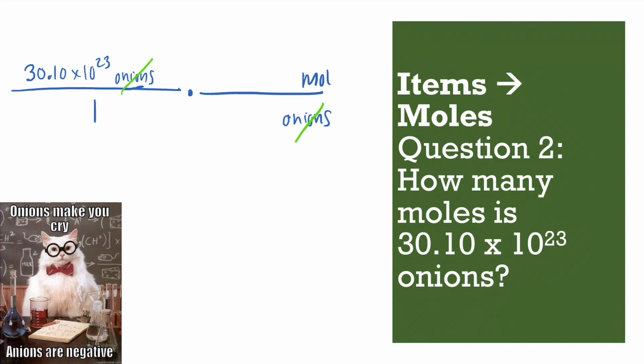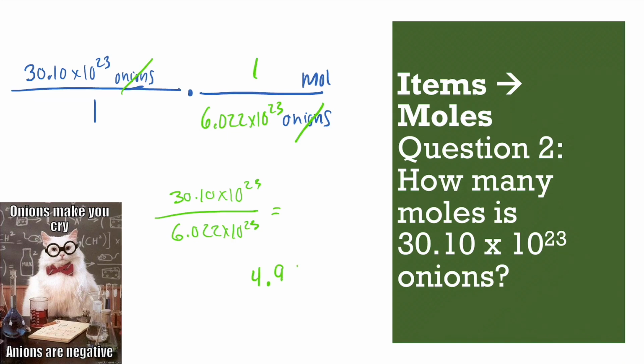Onions cancel out. We know in 1 mole, we have 6.022 times 10 to the 23 onions. And so you are left with 30.10 times 10 to the 23 divided by 6.022 times 10 to the 23, which gives you 4.998 moles of onions.